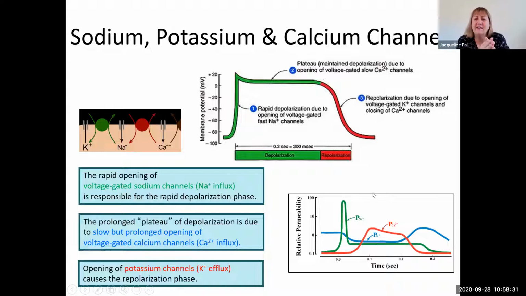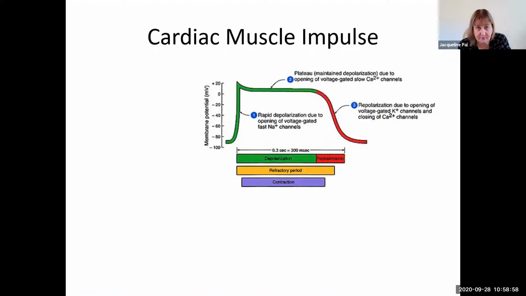As opposed to just 2 ions being involved in skeletal muscle, and the entire skeletal muscle contraction taking about 0.4 seconds until the next contraction can occur, in the heart we have 3 ions involved, and this is faster. This entire process only takes about 0.3 of a second.